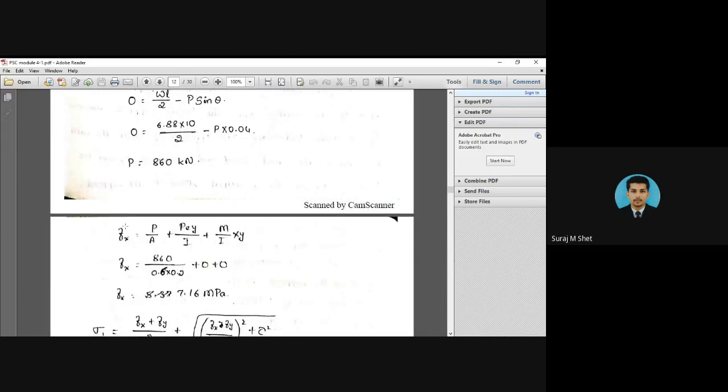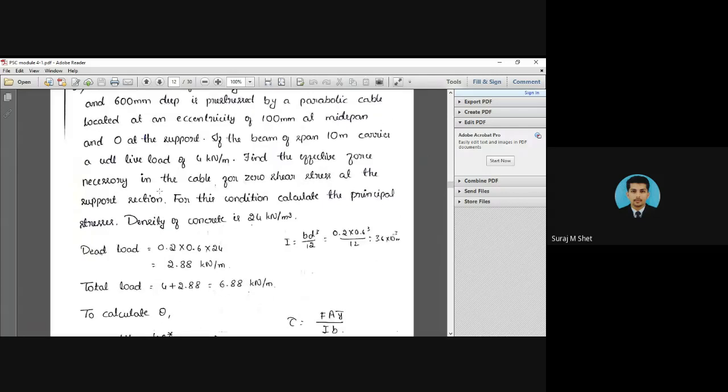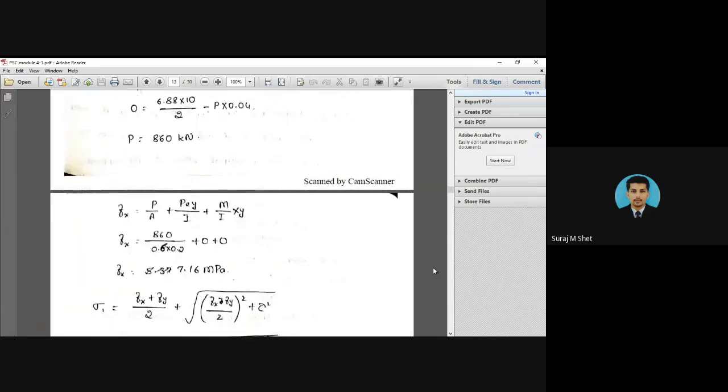You already know this formula for the horizontal force acting on the cable. Here you have already calculated the P value, and the area is 0.6 into 0.2. We have to calculate the principal stress at the support section. In the support section there is no e value and no y value.